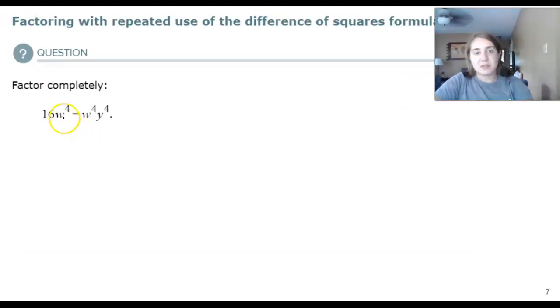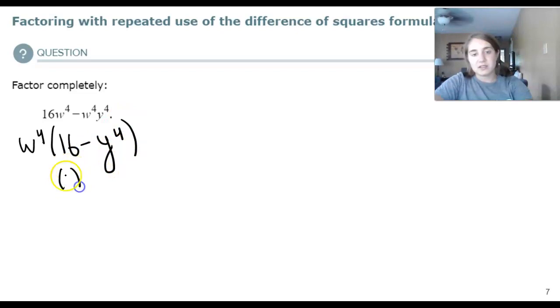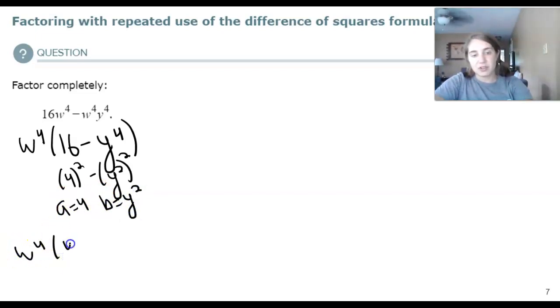So I see the greatest common factor I have is a w to the 4th. So I get 16 minus y to the 4th. And that's 4 squared minus y squared squared. So a equals 4, b equals y squared. So w to the 4th, a plus b, a minus b.